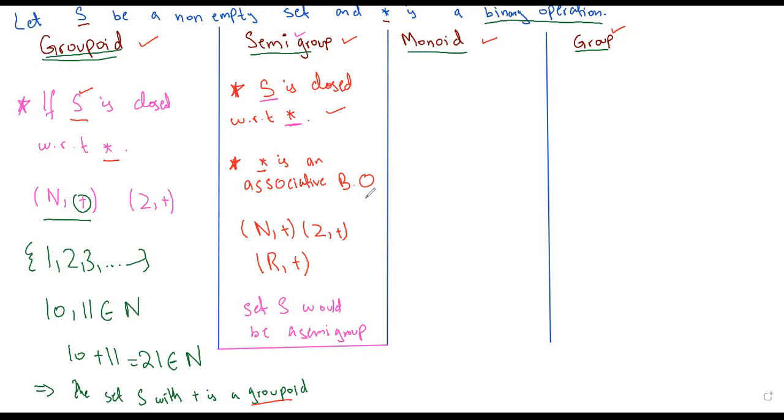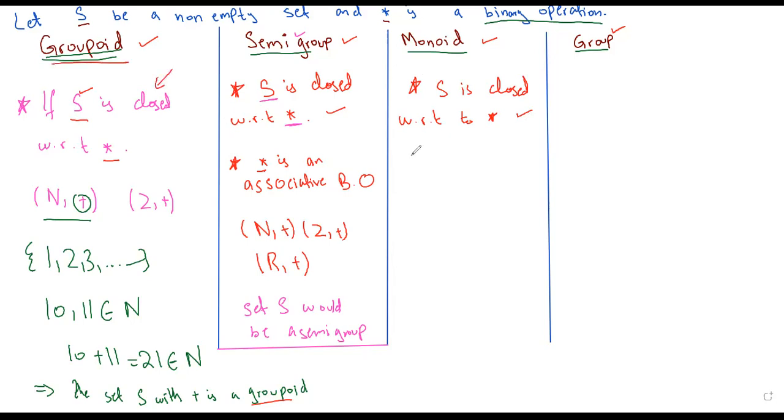Let's talk about monoids. Now, we need to define which set S would be a monoid. We have a definition. Again, S is closed with respect to star. Now if we have this one condition only, we will think of it as a groupoid, because this is the only condition for groupoid.